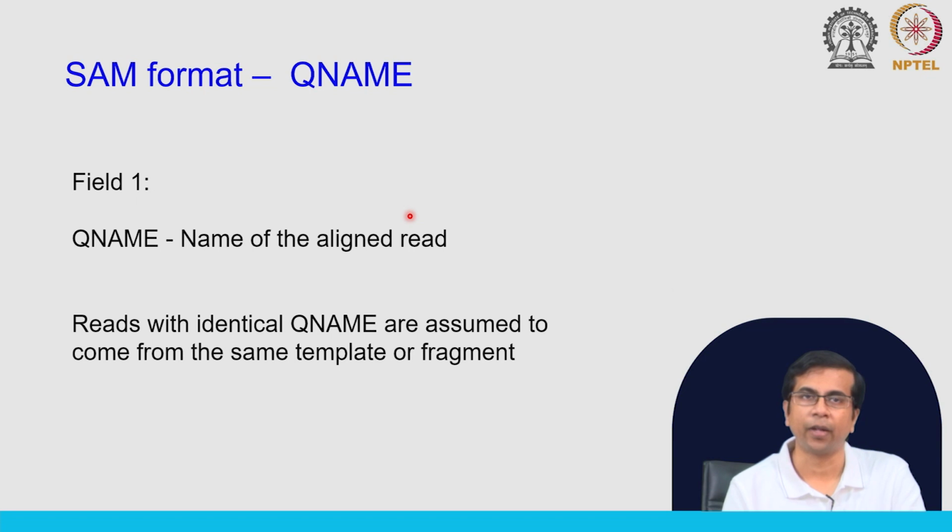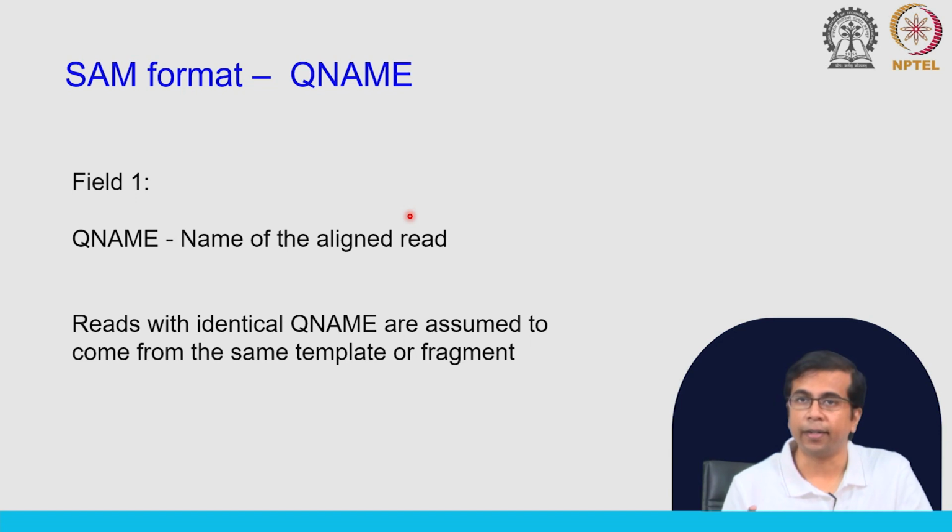This information is also important if you are dealing with paired end data. Reads with identical QNAME are assumed to come from the same template or fragment. For paired end data they are coming from the same fragment, we are sequencing from both directions. So, the QNAME would be identical. When you are dealing with the read 1 and read 2 files, there are two different files, read 1.FASTQ and read 2.FASTQ.